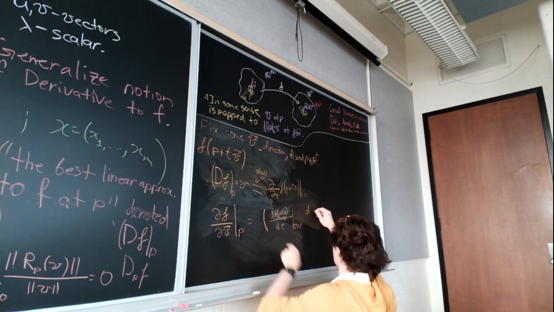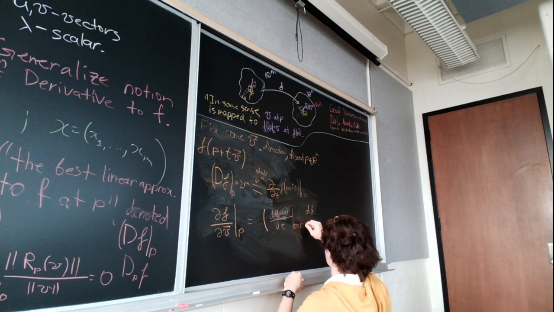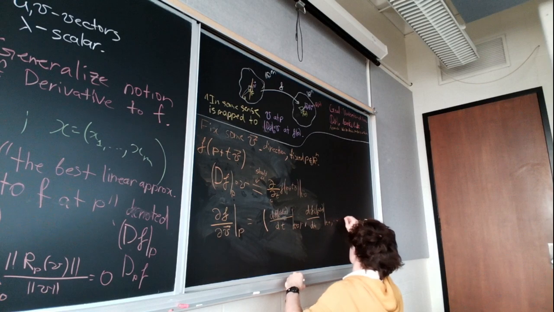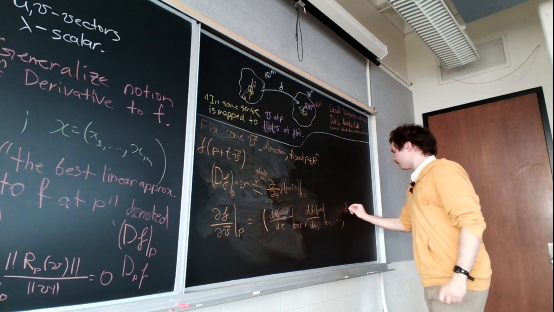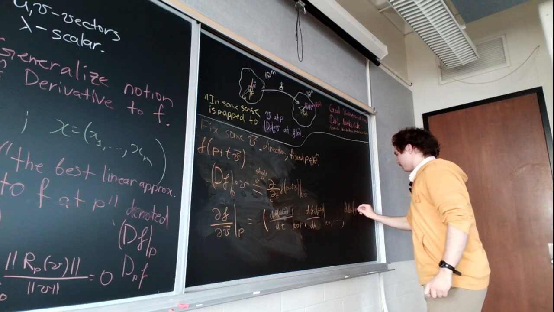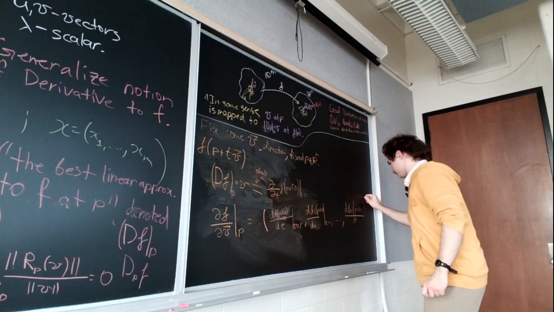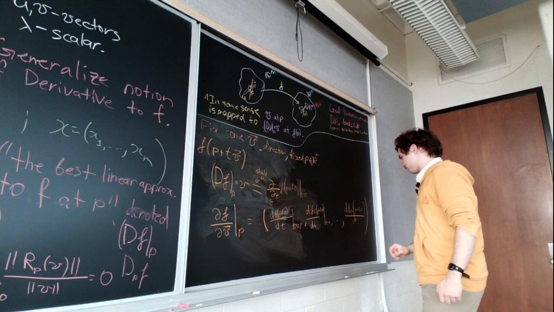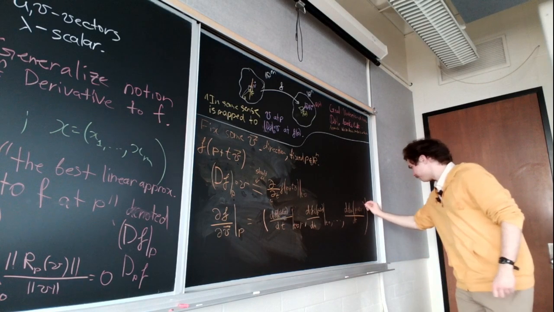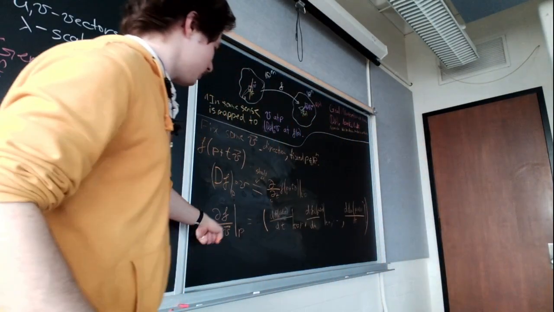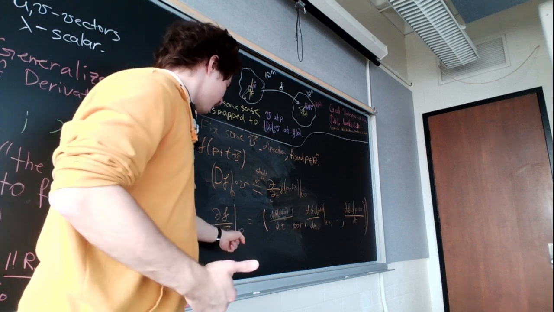This is the usual derivative that you know how to do, at t equals 0, of f at p plus tv. So this is what it now means to take a derivative along some direction.